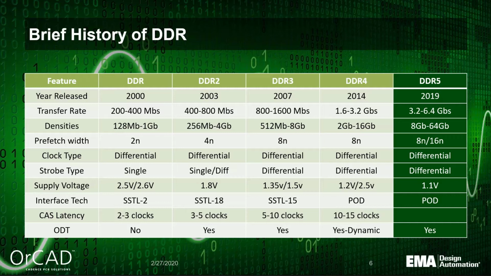Again, differential clocking, differential strobes. Power has dropped to 1.2 volts. And now with the increased speeds and the less margin for error, the less margin for setup and hold for data latching, the I/O has changed to what's known as POD, or pseudo open drain. This is much faster. We'll go into a little detail about what that's all about. And latency now is up to 10 to 15 clock cycles.